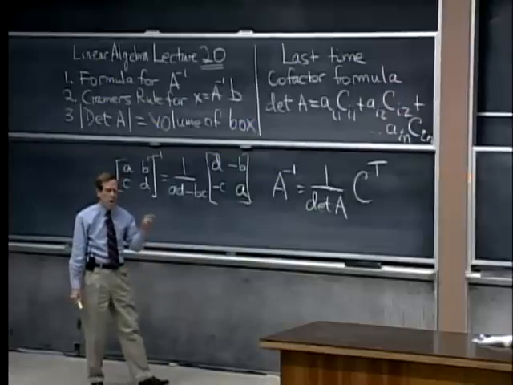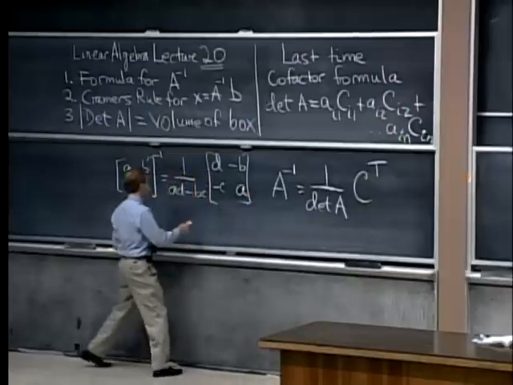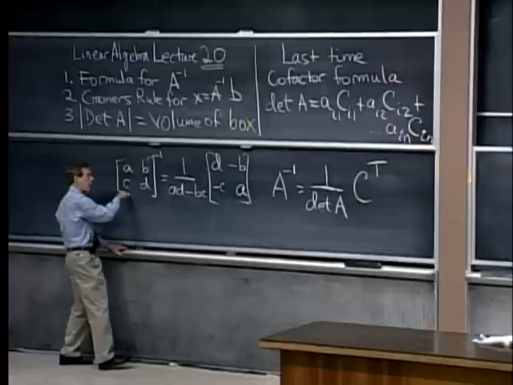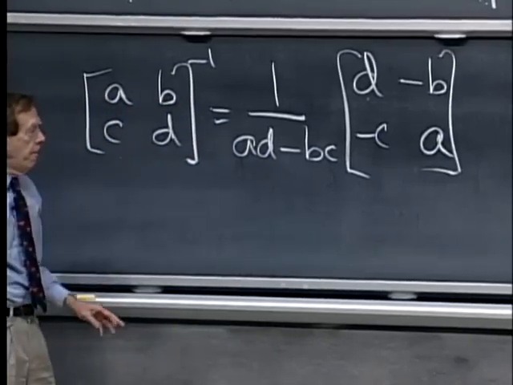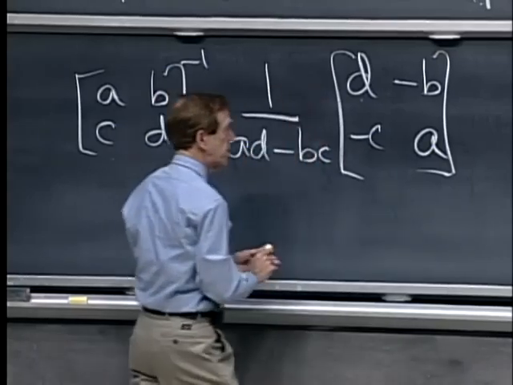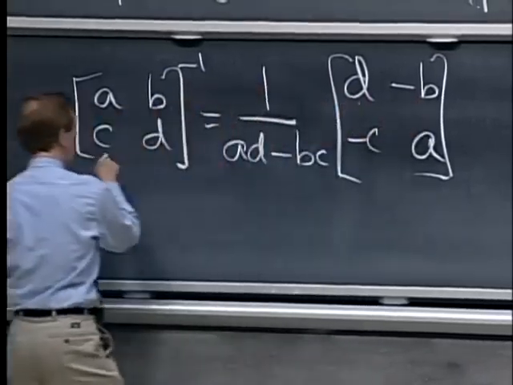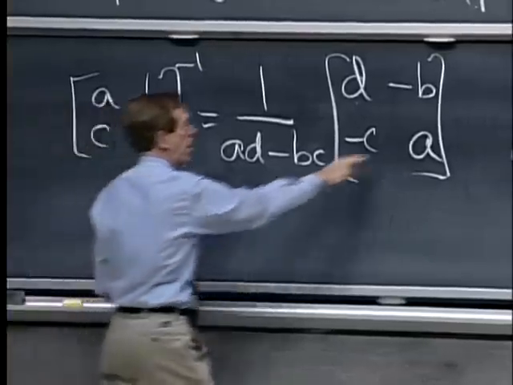So the 1, 1 entry of C is the 1, 1 cofactor, the thing that we get by throwing away row and column 1. It's the D. And because of the transpose, what I see up here is the cofactor of this guy down here, right? That's where the transpose came in.